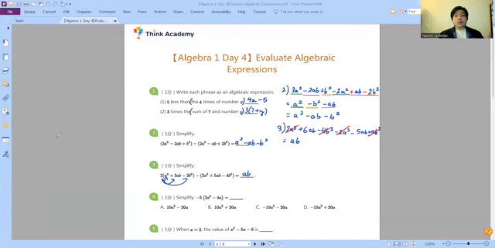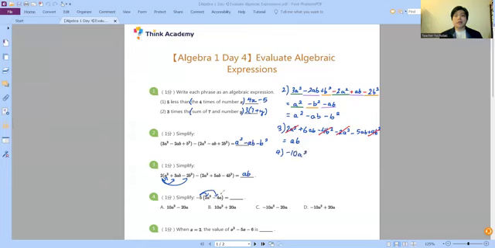Okay, I'm moving on to question 4 here, where I have to simplify negative 5 times 2a squared minus 4a. I'm going to apply the distributive law to help me out here. First, I'm going to do negative 5 times 2a squared. Well, that's going to be negative 10a squared.